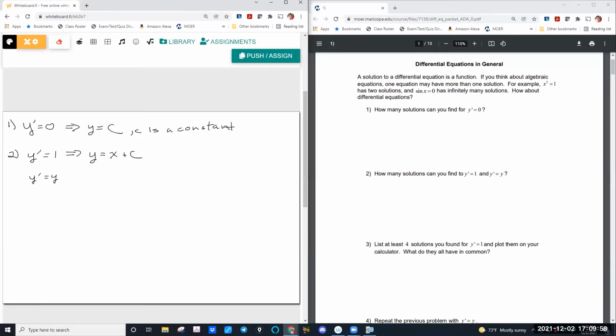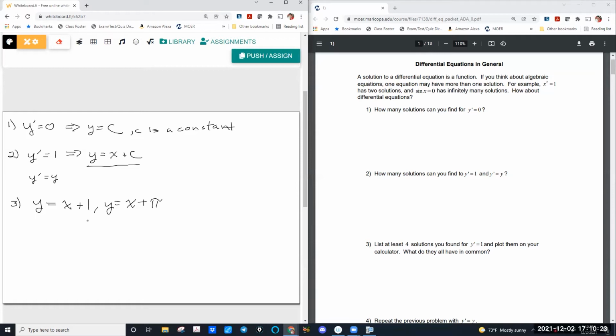For number 3, if we wanted examples for solutions to y prime equals 1, well, we have the general solution here. So really anything, y equals x plus 1, y equals x plus 2, y equals x plus pi, right?